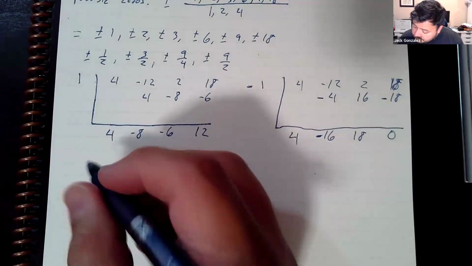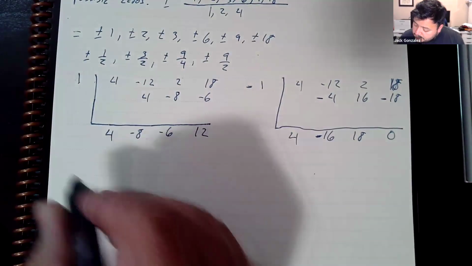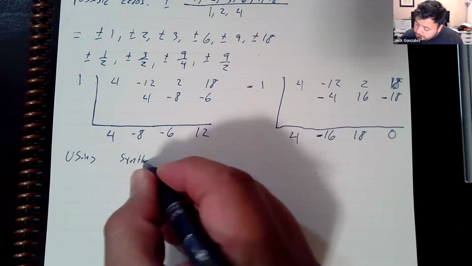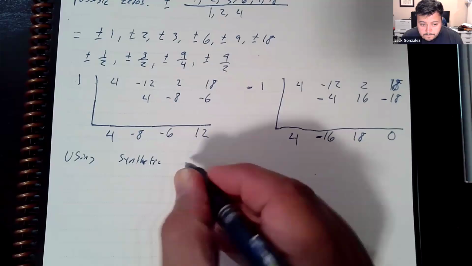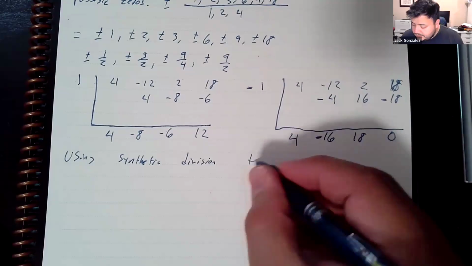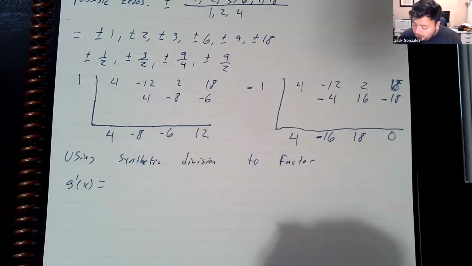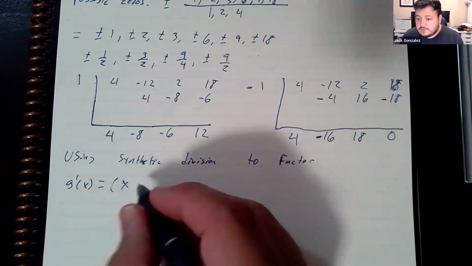So here's the note: using synthetic division, G minus the factor times this leftover is the new polynomial.